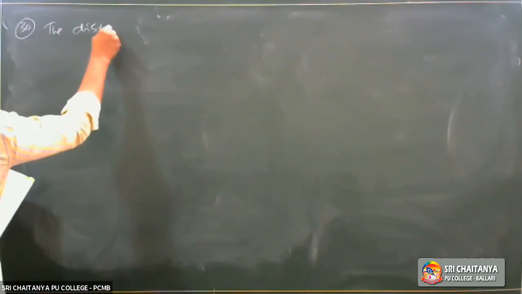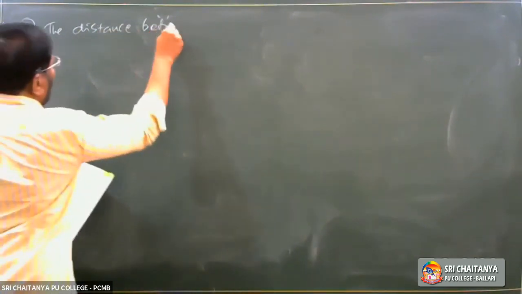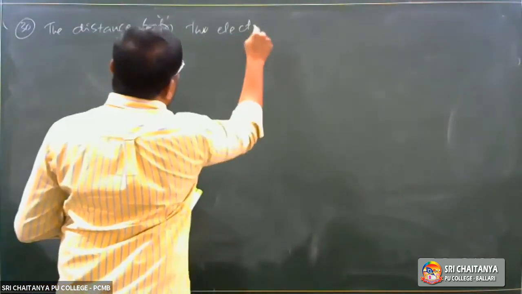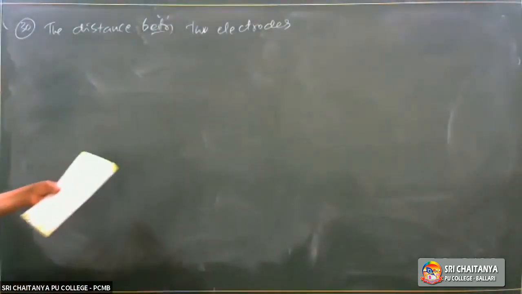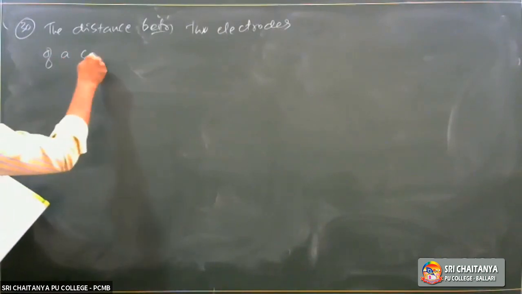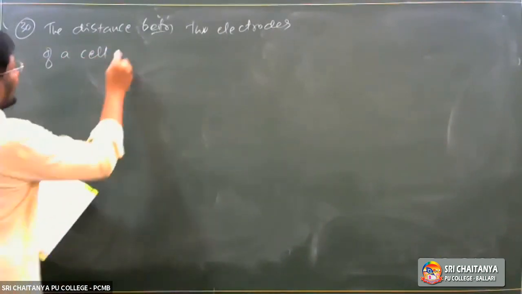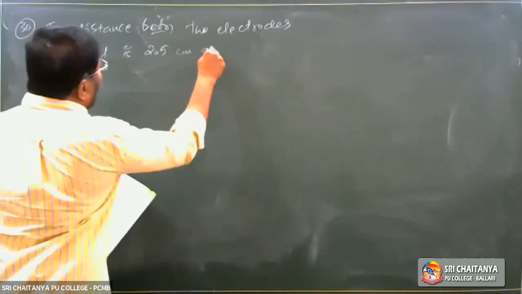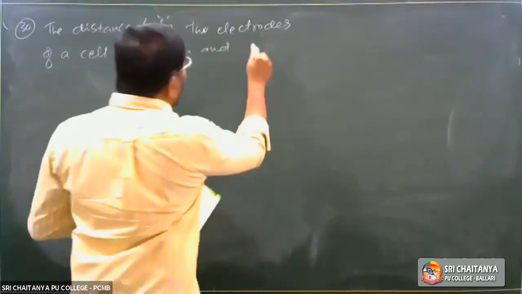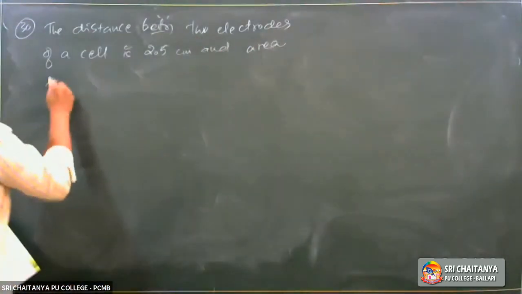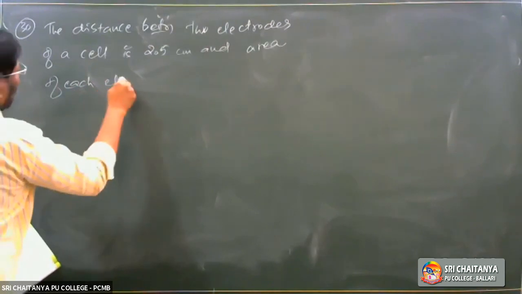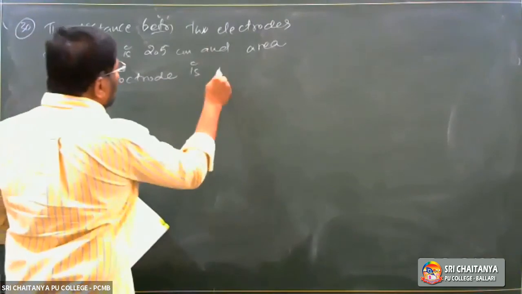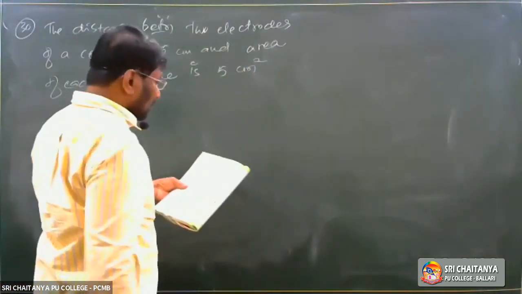Problem number 30. The distance between two electrodes of a cell is 2.5 centimeters and the area of each electrode is 5 centimeters square.